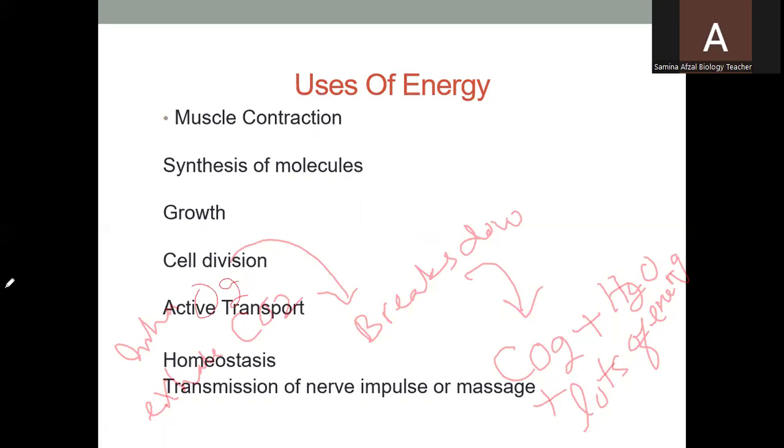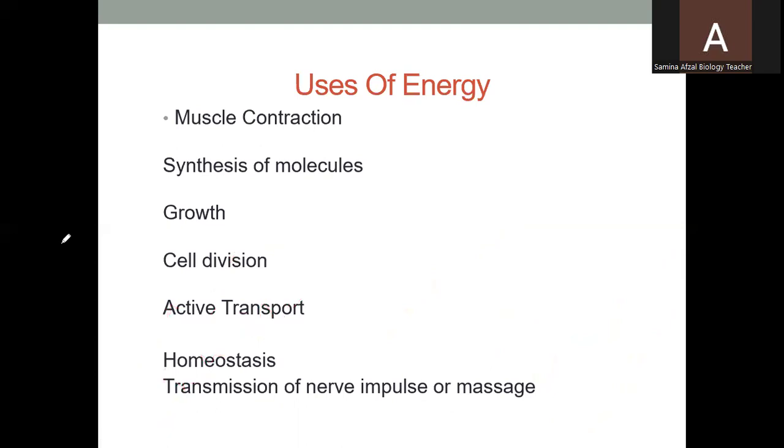The first use of energy is muscle contraction. Muscle contraction means that our body muscles have to perform different functions. When the muscles perform different functions, contraction and relaxation of those muscles takes place.